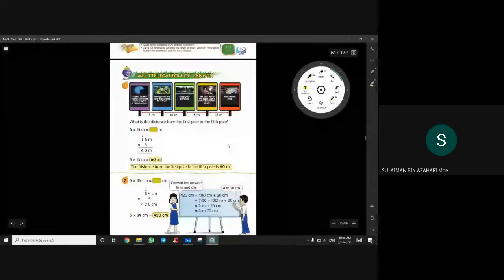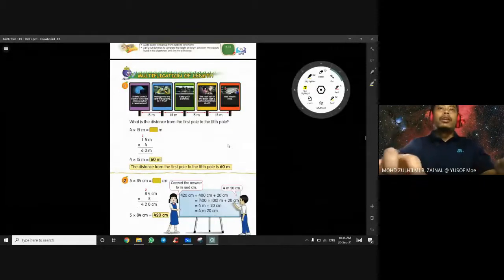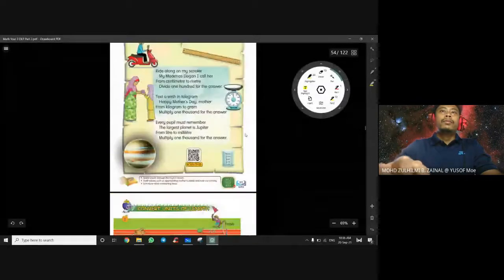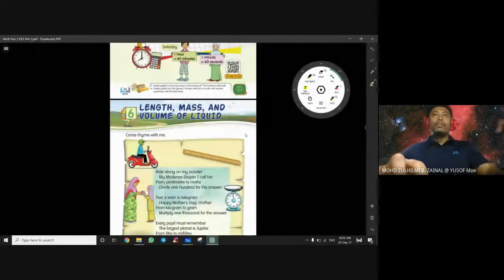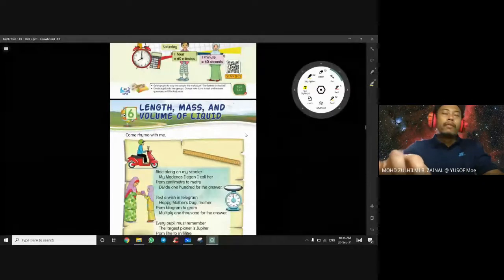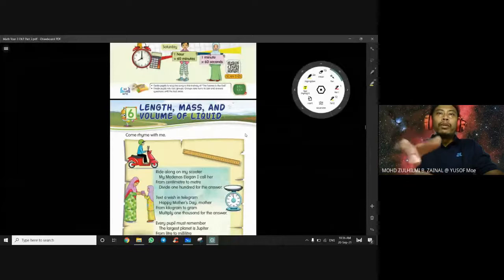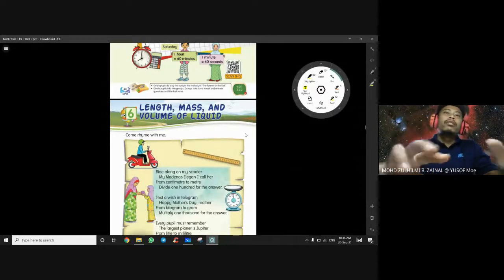Yang ni kena cepat. We have to make it quick because there are a lot of measurements yang kita kena belajar. Okay. So, as you can see, kita ada length, mass and volume. Ada tiga measurements that we have to learn in one topic ni.